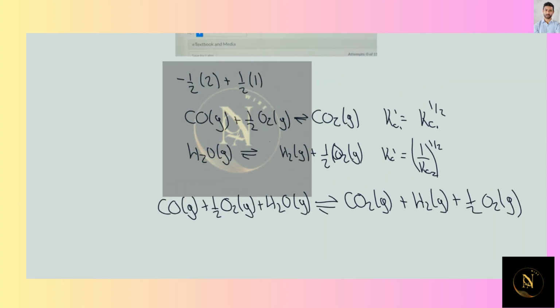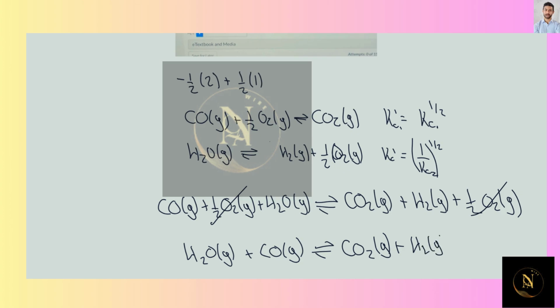So over here, the oxygens are going to cancel out, and we're going to end up with the original reaction that we wanted to calculate the equilibrium constant for. So the equilibrium constant for this reaction would be equal to Kc1 over Kc2, and taking the square root for both of them.